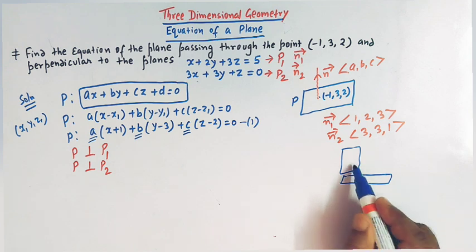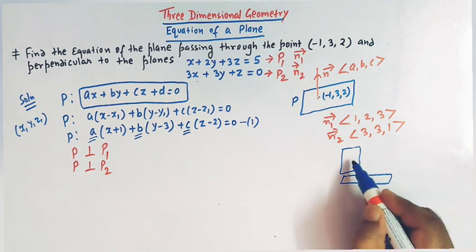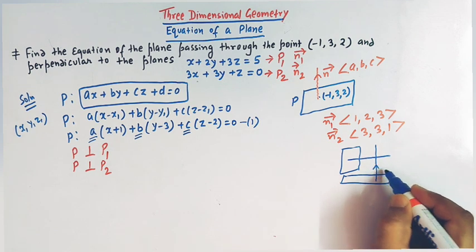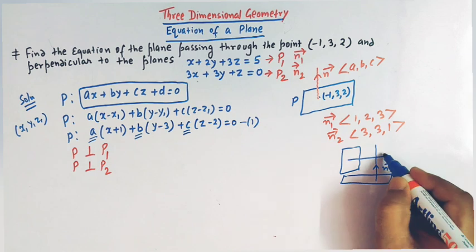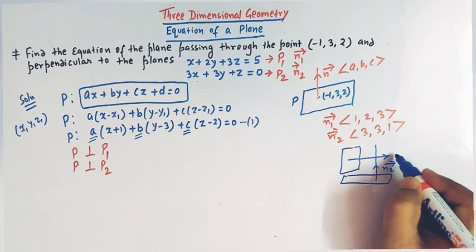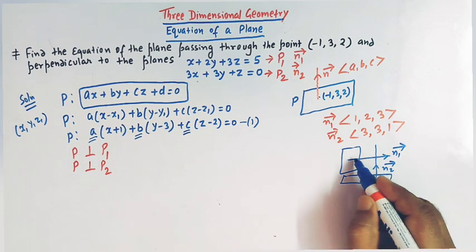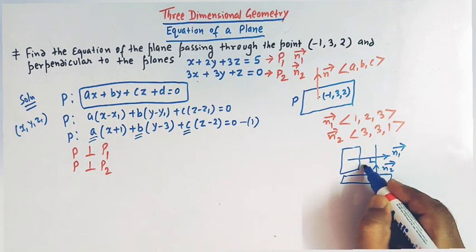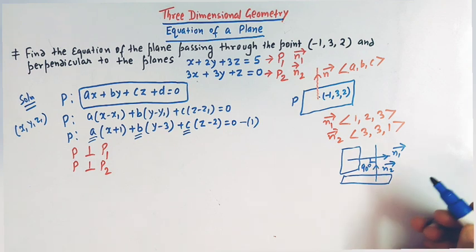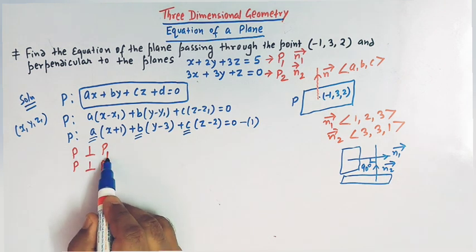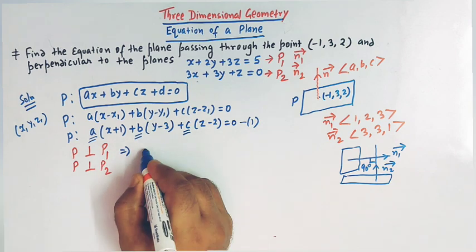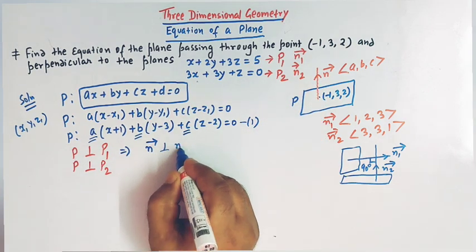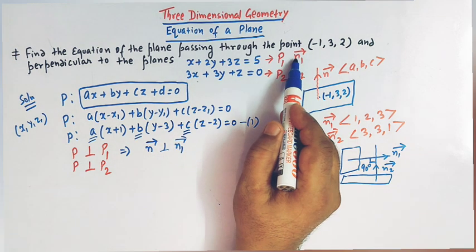If these two planes are perpendicular, then their normal vectors, say this is the vector n2 and this is the vector n1, are also perpendicular, right? So when P is perpendicular to P1, it implies that the vector n is also perpendicular to the vector n1, right?